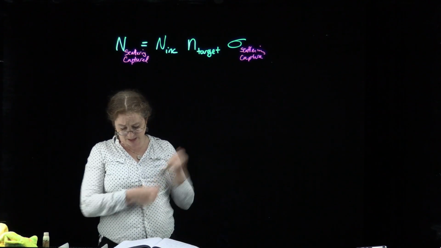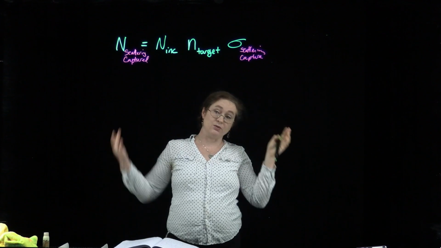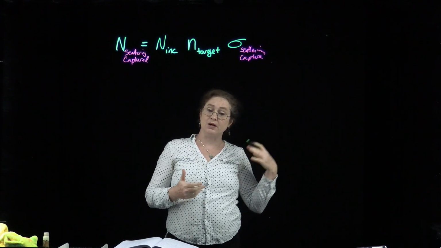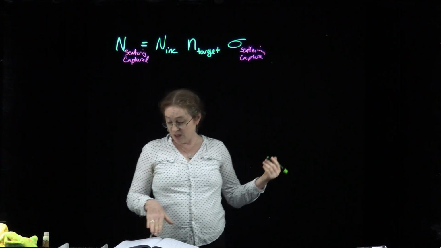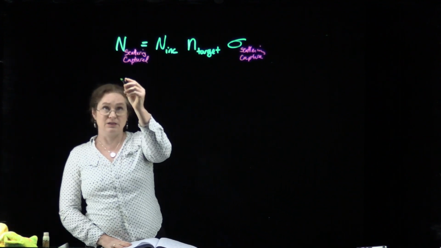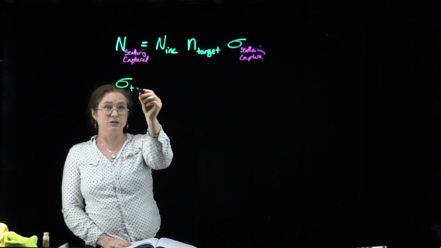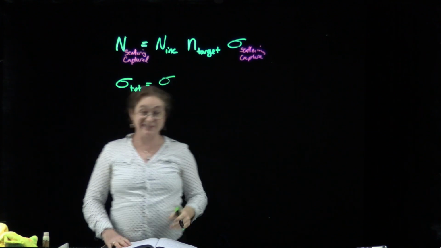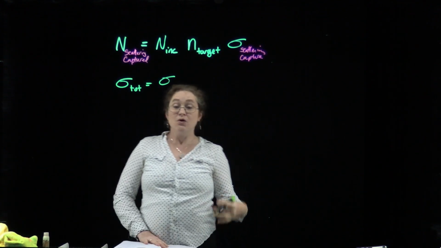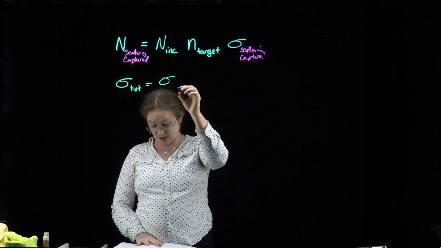And if you have two processes, let's say you have an incident beam of one type of particles onto another type of particles, the projectile can either be scattered or captured. Then you have a total cross-section, which is the effective area for the projectile interacting with the target.